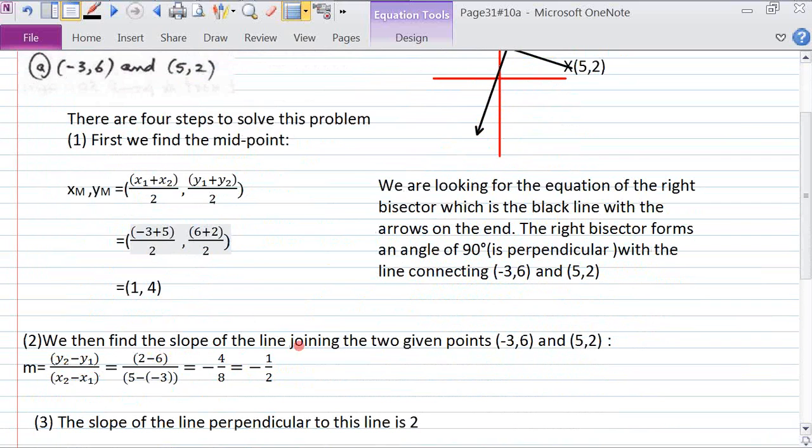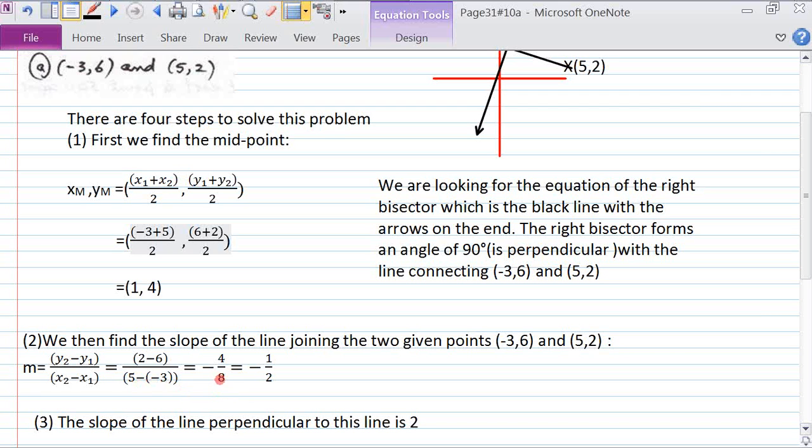Now we find the slope of the line joining the 2 given points that we were given in the problem. And the slope is y2 minus y1 over x2 minus x1. So we say 2 minus 6 is the difference in the y's, and 5 minus -3 is the difference in the x's.